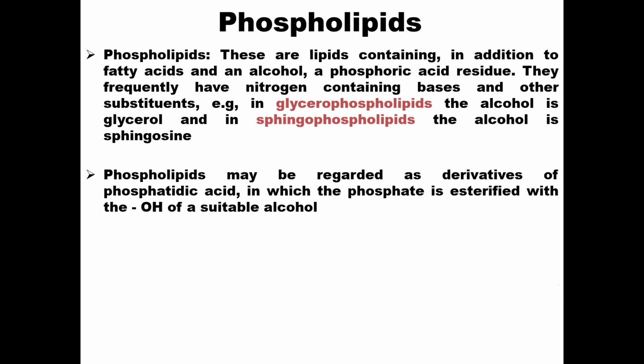So the phosphate group is esterified with the OH of a suitable alcohol. We are going to see all the structures and components that will help us understand the different types of membrane lipids.